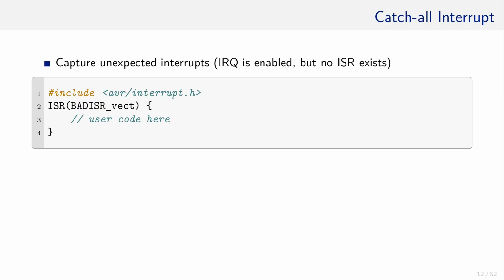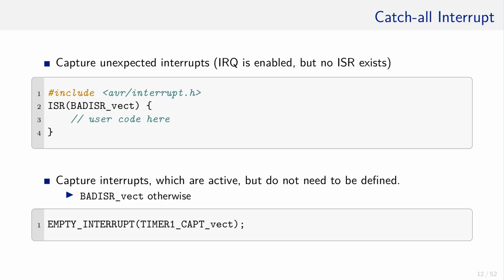Another special ISR vector is the bad_ISR_vect, shown here. This is an ISR that is executed if an interrupt occurs, but there is no ISR available for this interrupt. Hence, the bad_ISR_vect works like a catch-all interrupt subroutine.